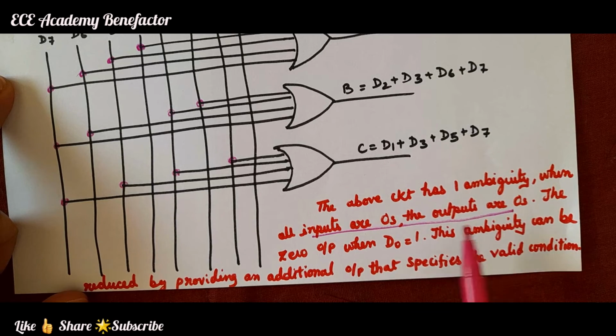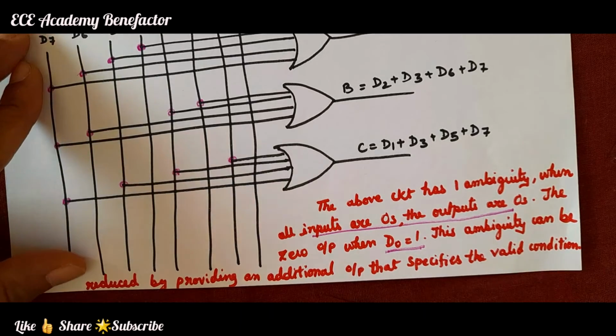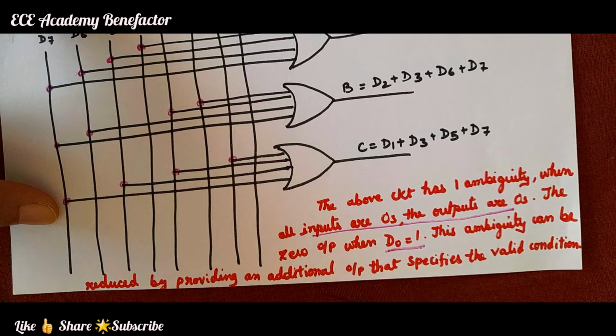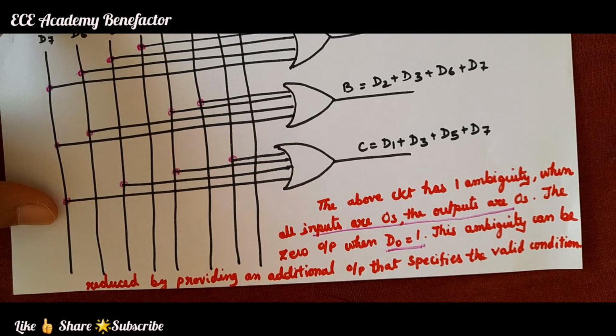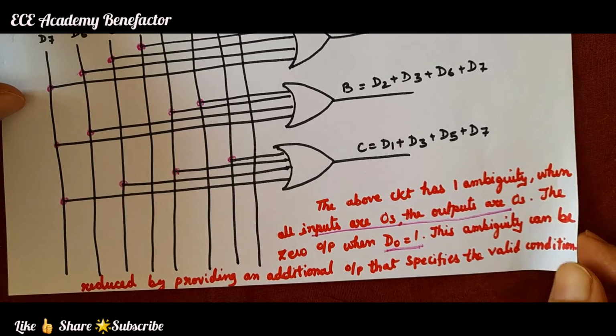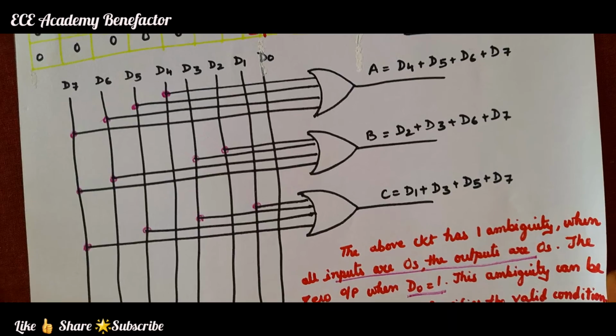The second condition is when D0 is 1, the output is also all zeros. This ambiguity can be reduced by an additional output that specifies the valid condition. So this is a limitation of this octal to binary circuit.